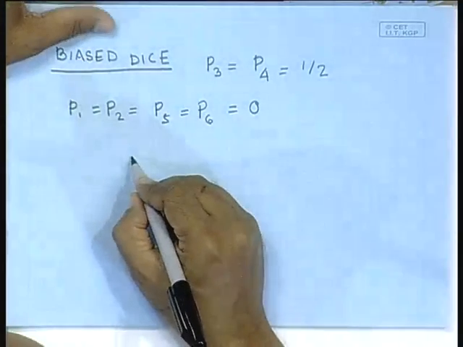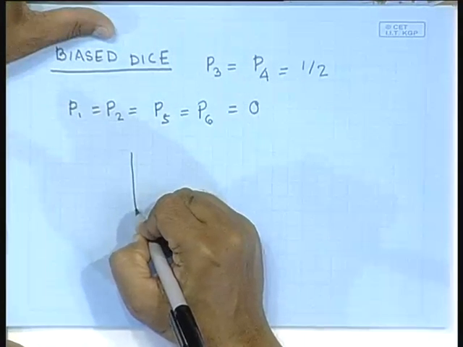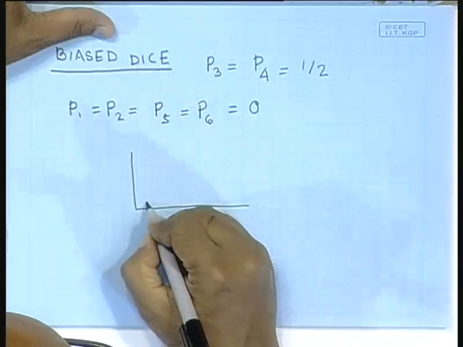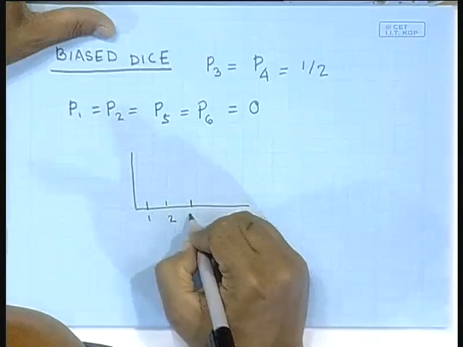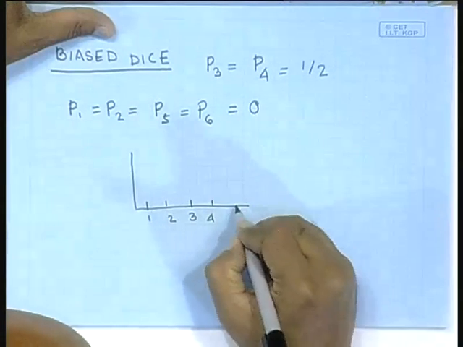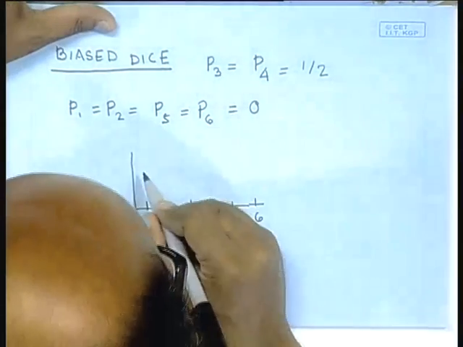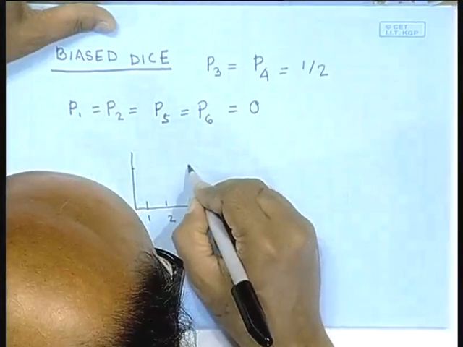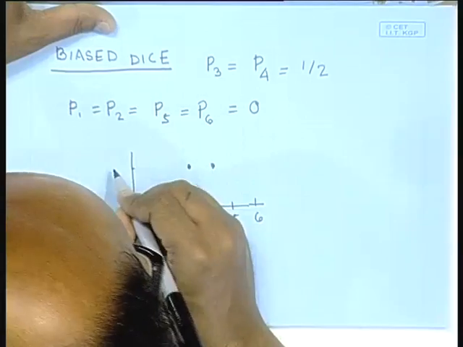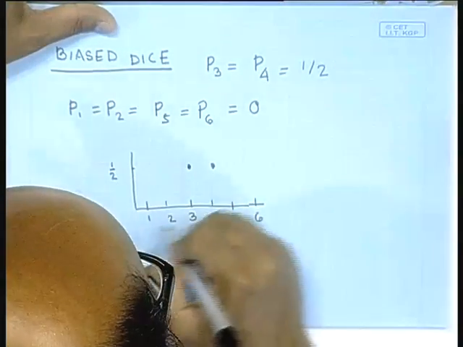So, again I can draw the probabilities as a function of the value. Here I have 1, 2, 3, 4, 5, 6, and the value is half for 3 and 4, and it is 0 elsewhere.